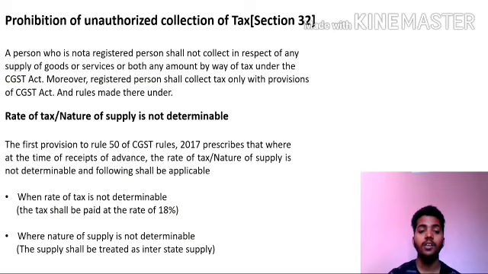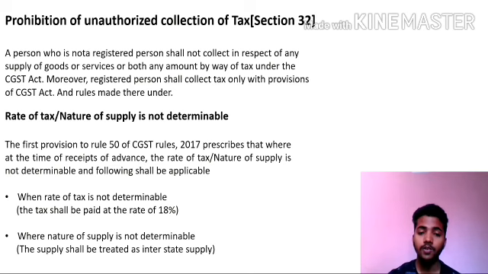The first proviso to Rule 50 of the CGST Rules 2017 prescribes that where at the time of receipt of advance the rate of tax and nature of supply is not determinable, the following shall be applicable. When there is a category of goods which is not defined in any of the categories, then the rate of tax applicable is 18% to all the goods and services, or both, which are not categorized in any of the following categories.